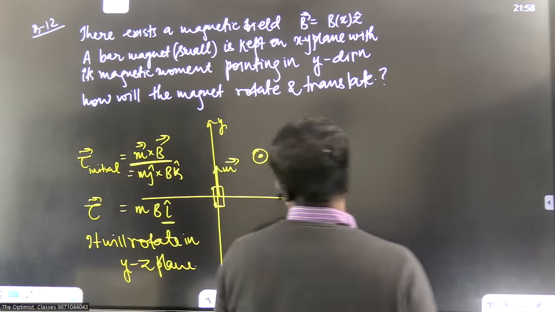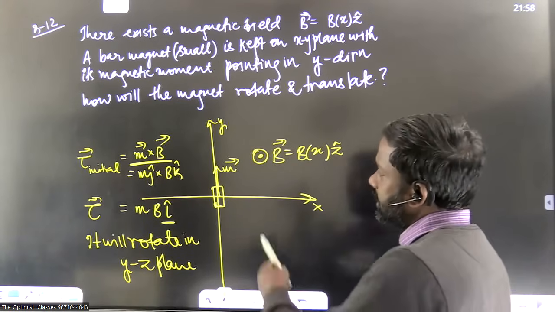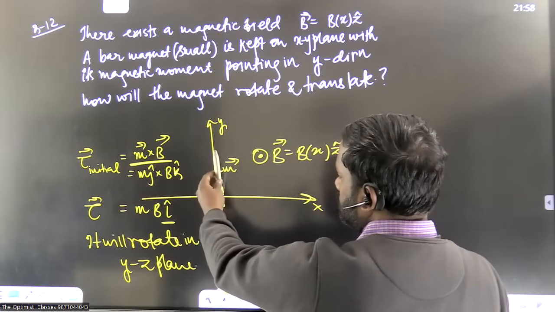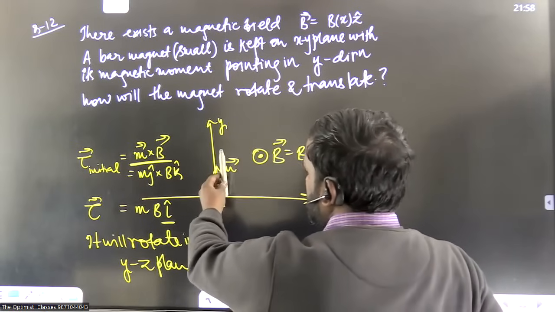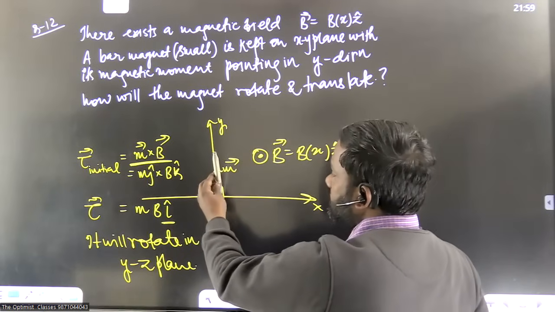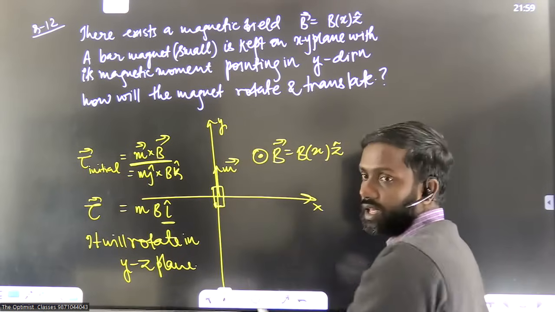Now, after some time it will be in the YZ plane, so the magnetic moment will be pointing something like this. It will have a component in the y direction as well as the z direction.